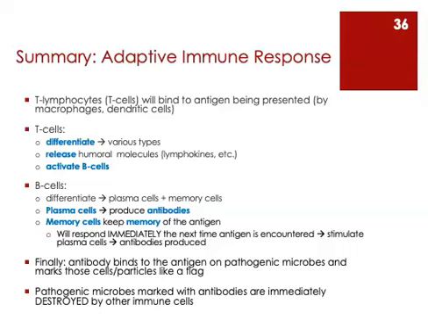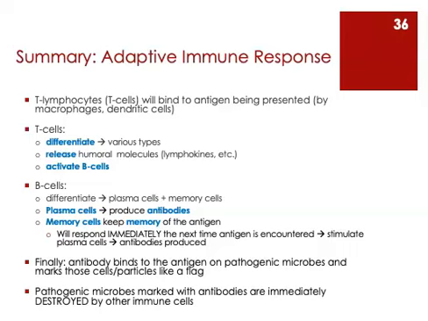Those memory cells will then be able to respond immediately the next time that pathogen tries to infect the body, the next time that antigen is detected by the memory cells. The memory cells will rapidly stimulate the plasma cells, and they will produce again those specific antibodies very quickly.